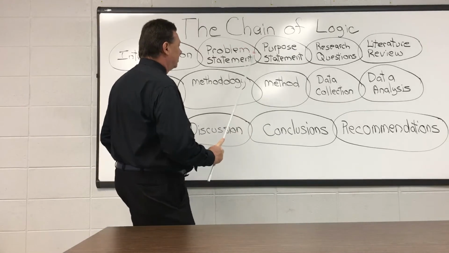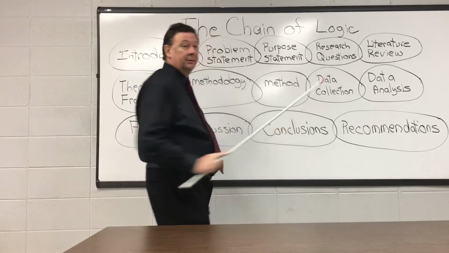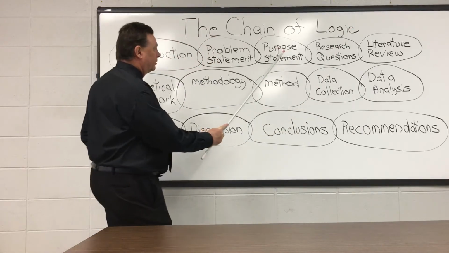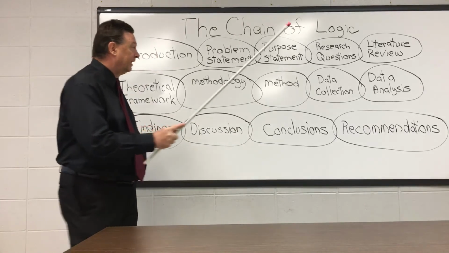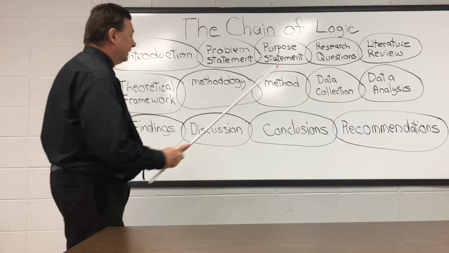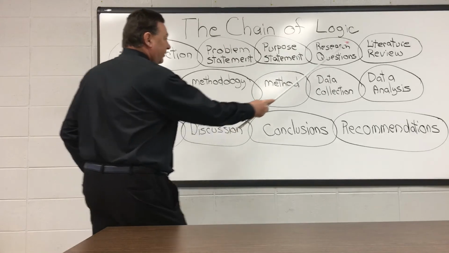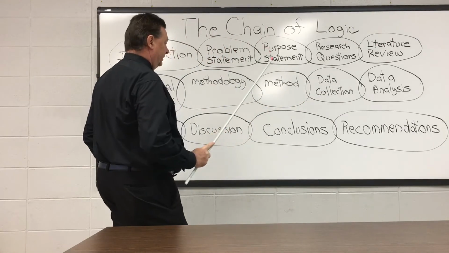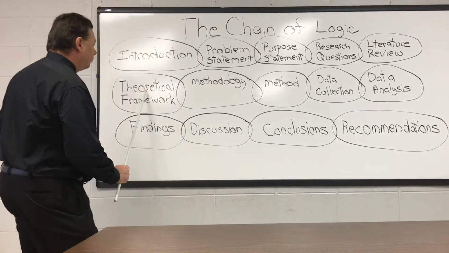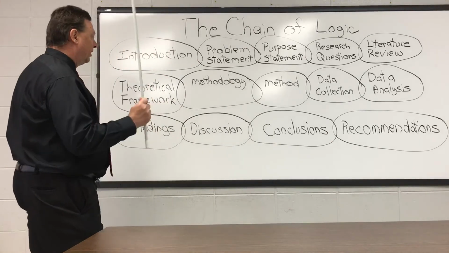Did you answer the research questions? Did you fulfill the purpose of the research? In the chain of logic, the gap in the literature is going to correspond with the problem statement. The theoretical framework is going to guide the entire process.